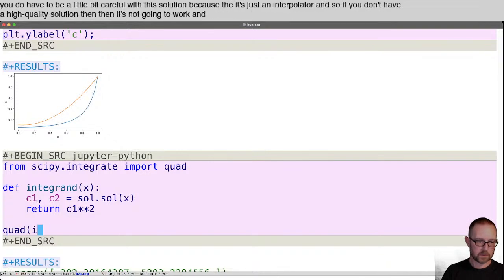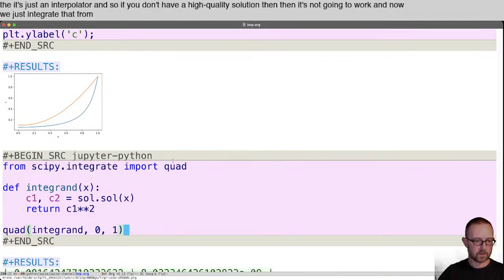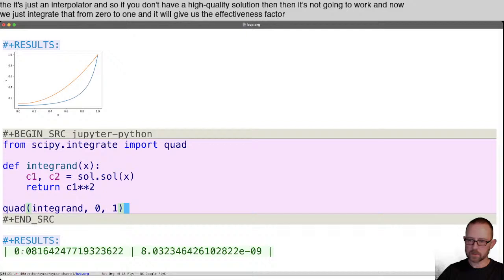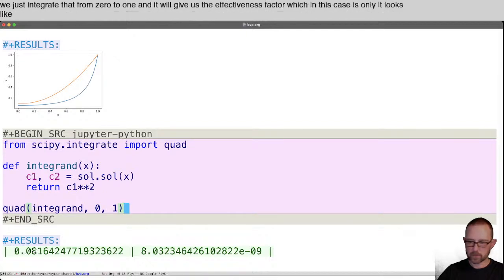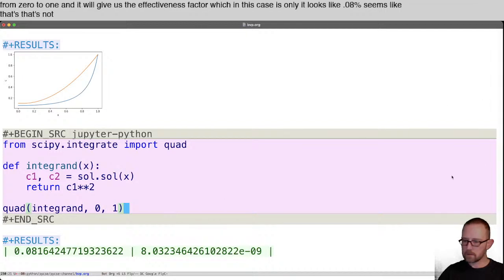And now we just integrate that from 0 to 1, and it will give us the effectiveness factor, which in this case is only, it looks like 0.08. Seems like that's not right.